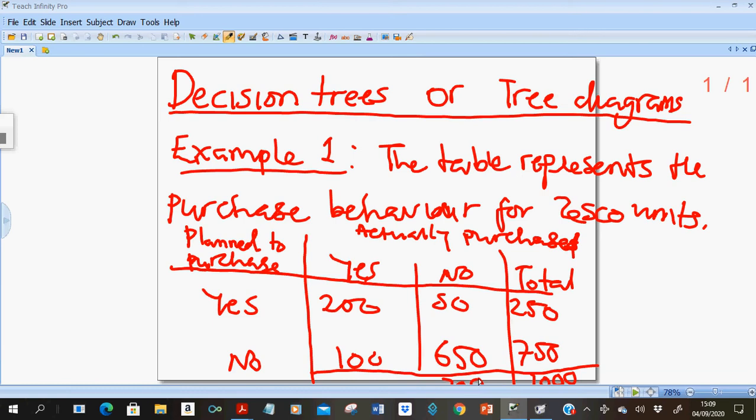For the people that actually purchased, we have 300, 700, and our total is 1,000. We calculated some probabilities based on this table, but now we're going to show how we can construct a tree diagram, or a decision tree, on this.